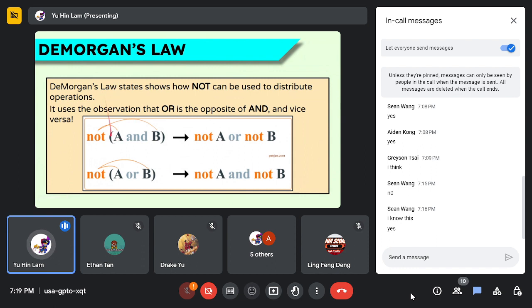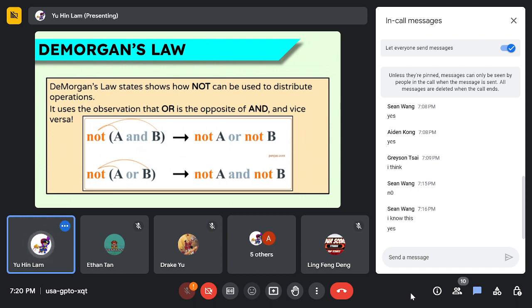So when we distribute our not into our A and B, it will turn into not A or not B. It will turn our and into its opposite, or. And the same thing happens with our or operator. If there's a not, when we distribute it, it will be not A and not B. It will just change our operator into its opposite operator, or to and, and to or.